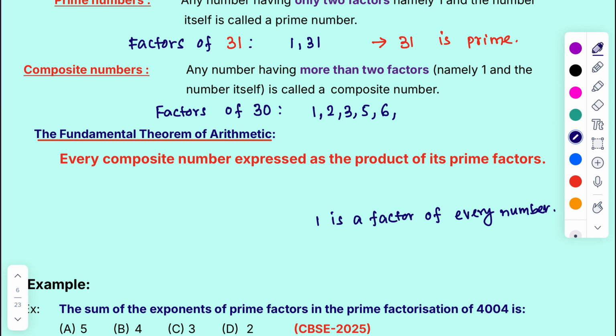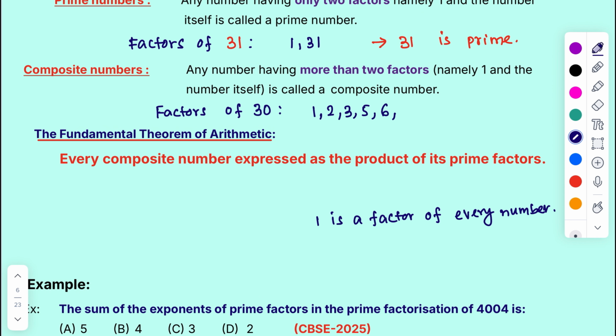That means we can express this number as the product of its prime factors, that is 2 into 2 into 7 into 11 into 13. That can be written as 2 square into 7 to the power 1 into 11 to the power 1 into 13 to the power 1.